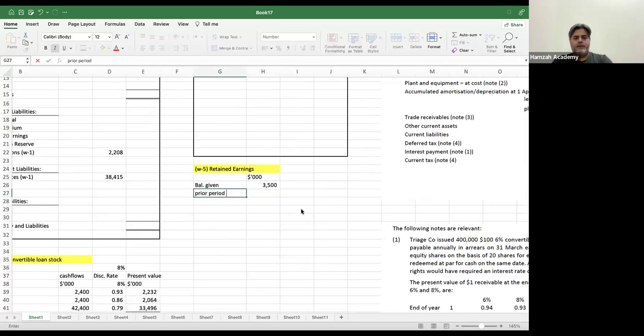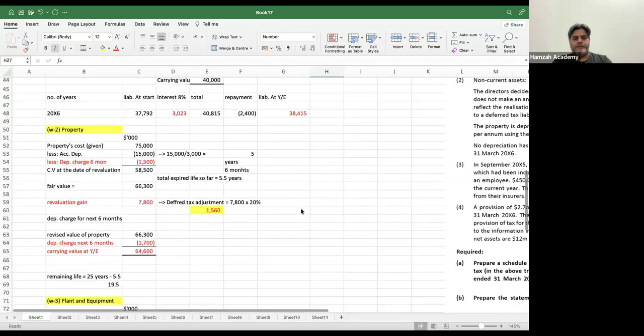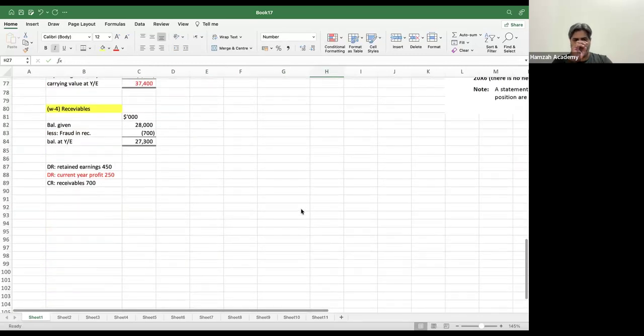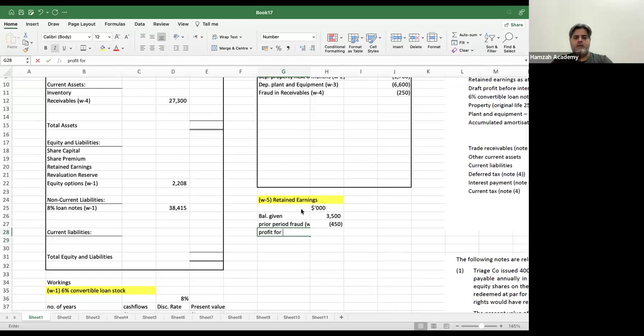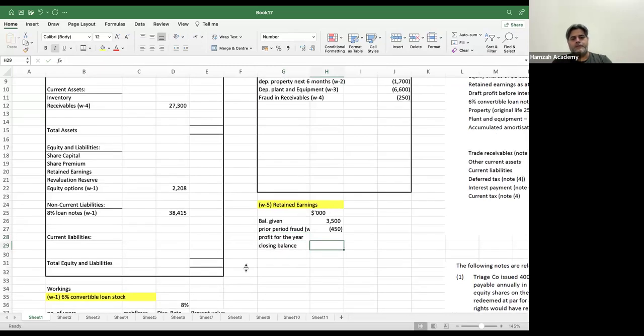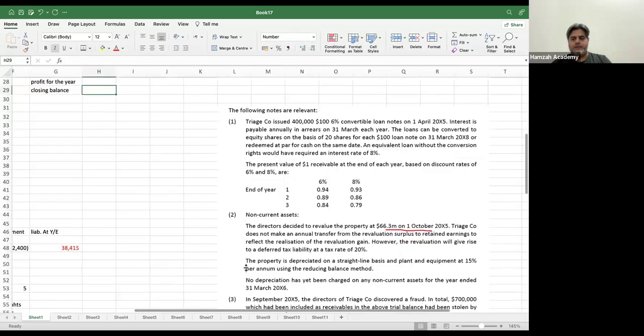Prior period fraud working for 450. So I'll minus from here. Profit for the year is going to be over here. Closing balance is going to be over here. Right? Okay.